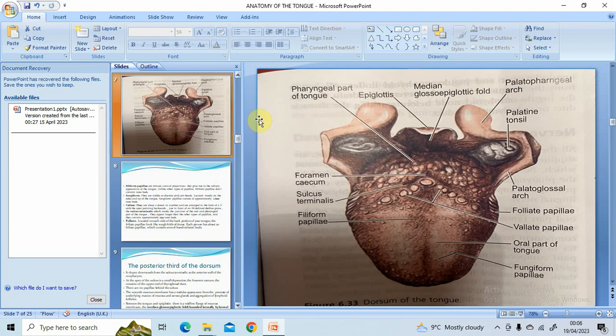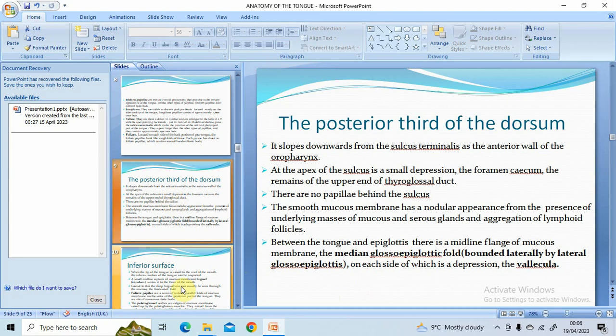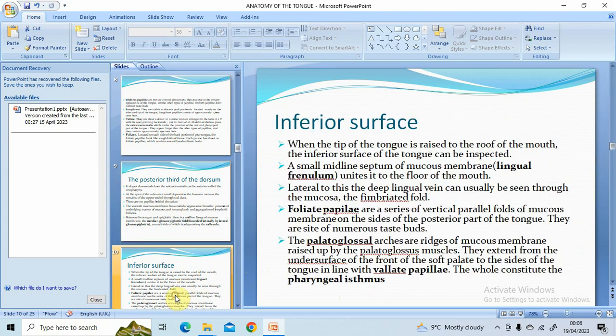If you look at this diagram, this is the median epiglottic fold, between the epiglottis and the tongue, bounded laterally by the lateral epiglottic folds, with a depression on each side called the vallecula. So now I'm going to look at the inferior surface of the tongue.